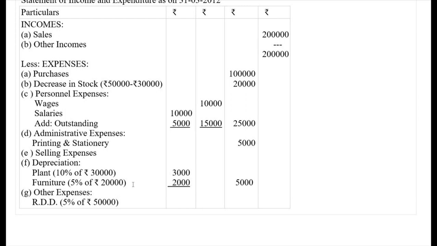So it comes here as rupees 2,500. So this is only one here. So directly let me take here 2,500. Then after this, G is over now. There's H.